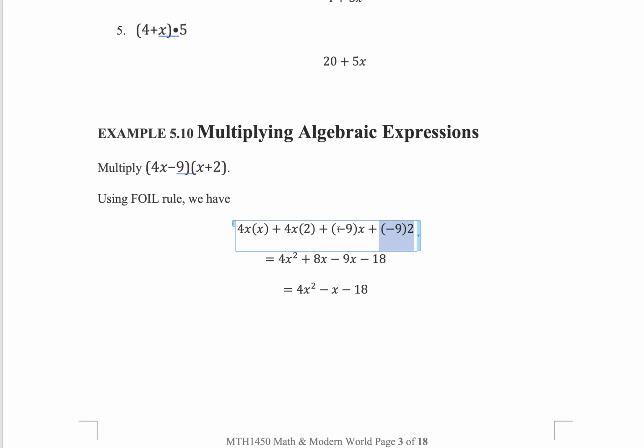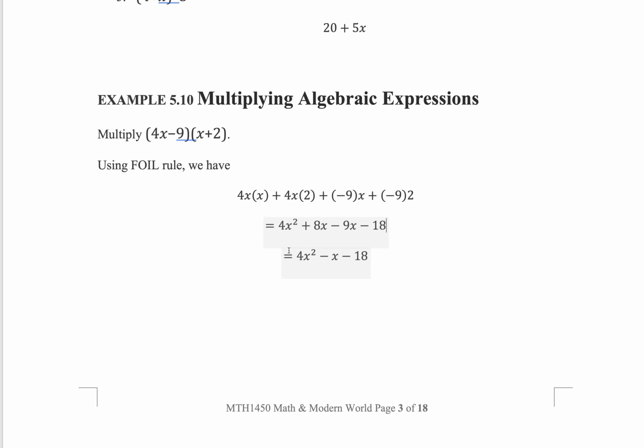And also, when you write this negative 9, do use a pair of parentheses. See, negative 9 in parentheses. And then you proceed. And this is the simplified answer. Multiplying 2 algebraic expressions, especially the FOIL rule for the multiplication of binomials.